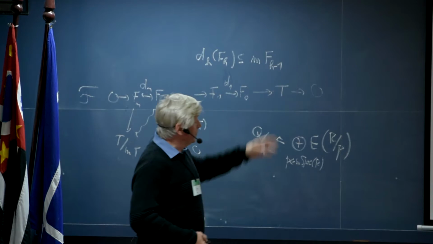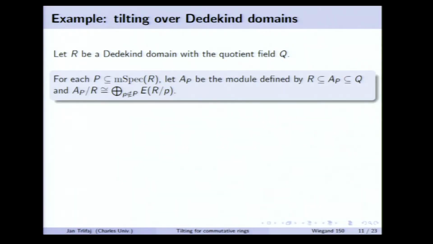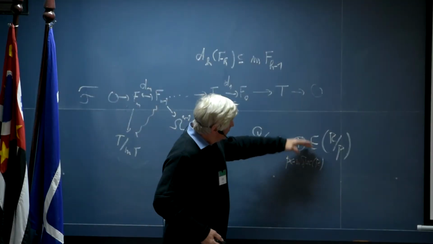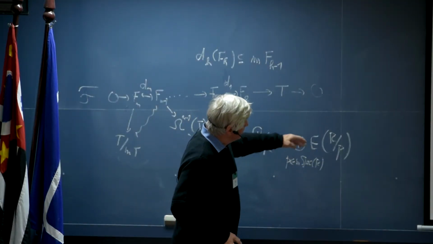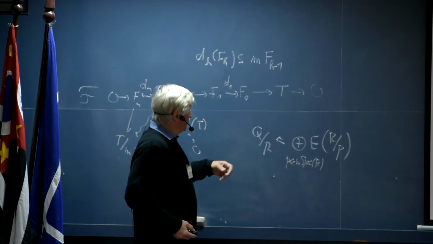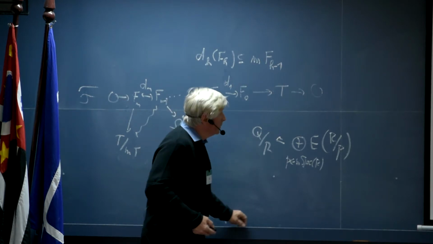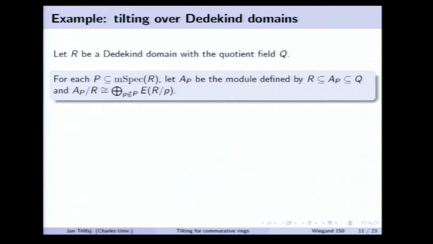And what you do, you take the primes which are not in the set P, and you lift them up in the projection. So this will give you some subring of Q, which is between R and Q, and has this property, uniquely determined by this.